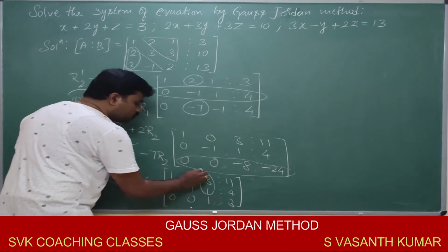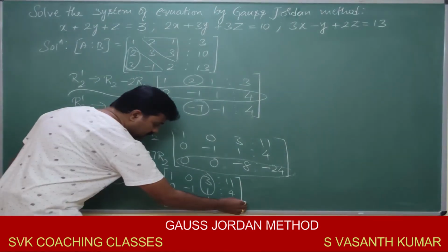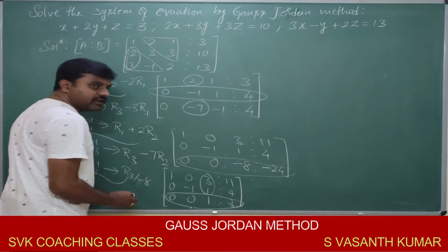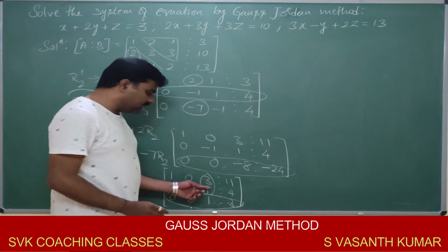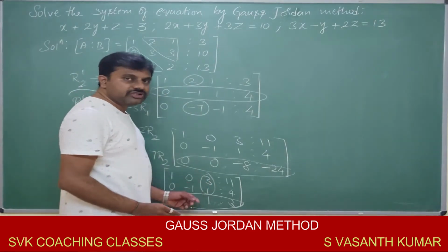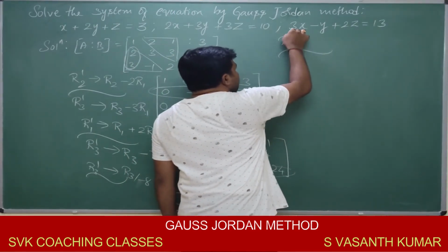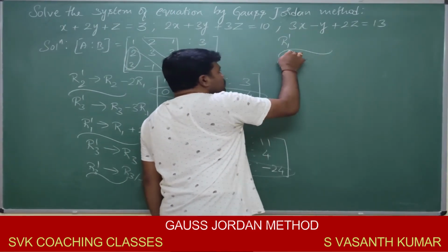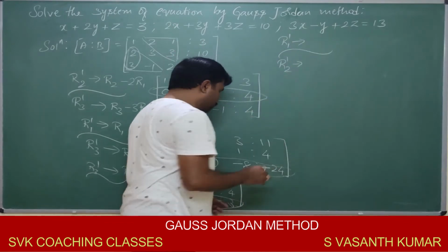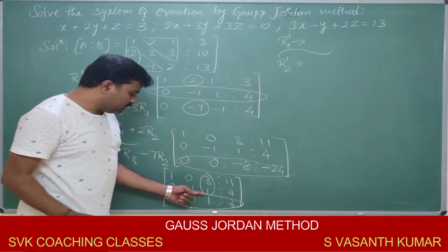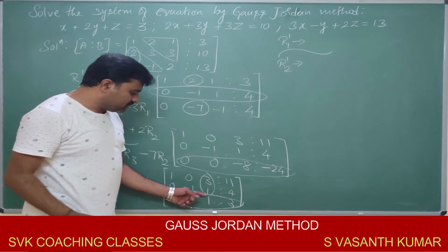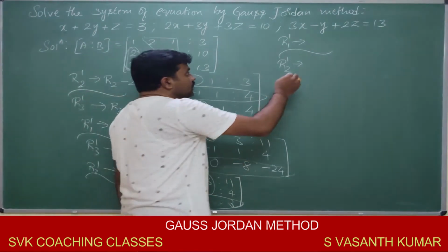Now make these two elements 0 by using R3. So using R3, I am going to affect R1 dash and R2 dash. What is the operation you are going to apply? Here we have the same sign, so go with negative.